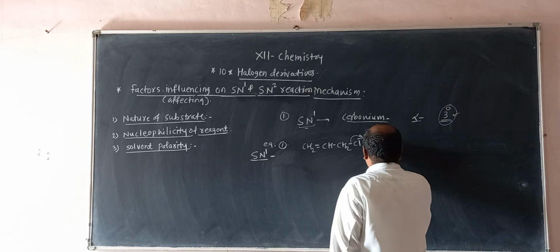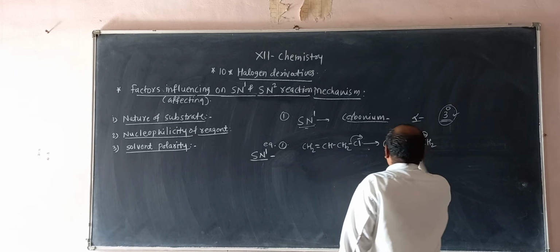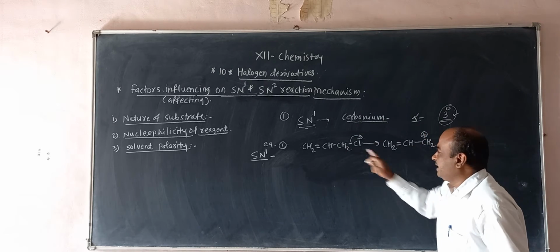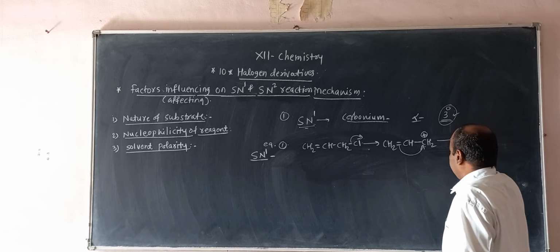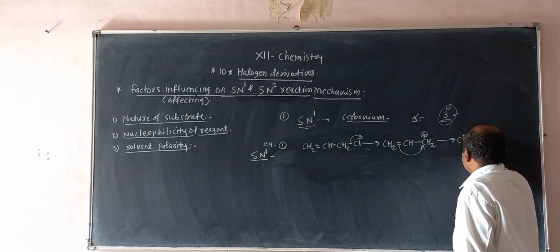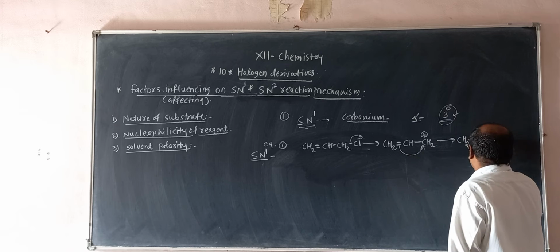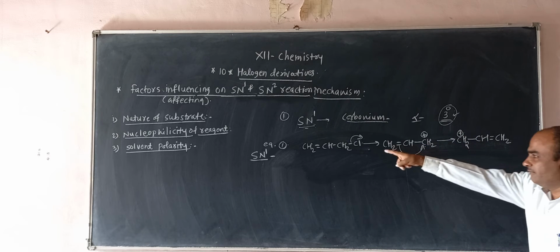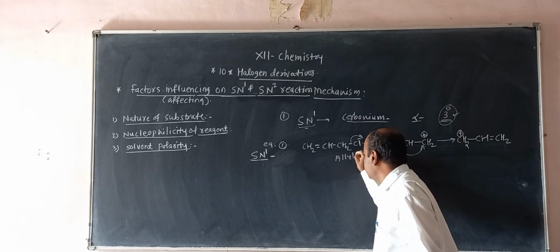By removal of the chlorine, we get CH2=CH-CH2+. The carbocation present in the allylic halide is stabilized by simple transfer of electrons: the CH2=CH double bond is shifted, and by resonance we can stabilize it, and it has the positive charge. So primary allylic halides favor SN1 reactions. This is the structure of the allylic halides.